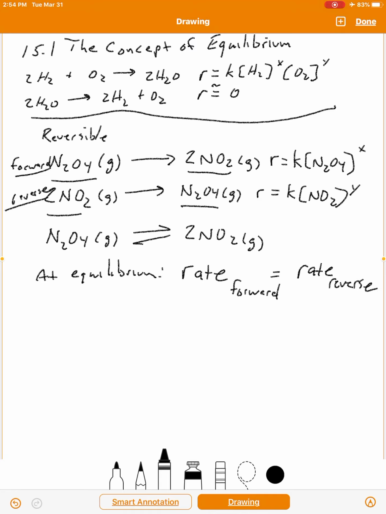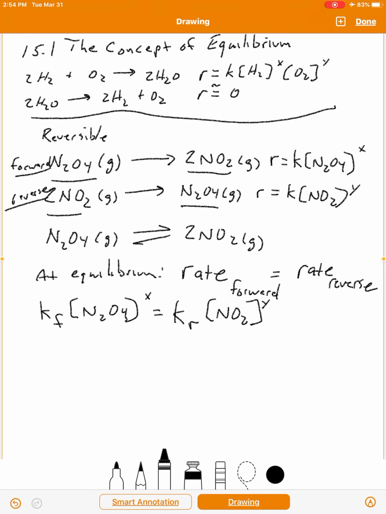And so if that's the case, then you could say kf, for forward, times the concentration of N2O4 to the x is going to be equal to kr, for reverse, times the concentration of NO2 to the y.